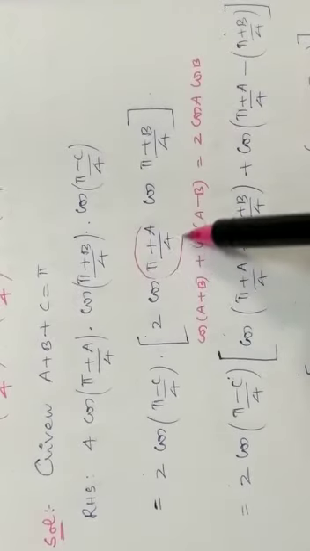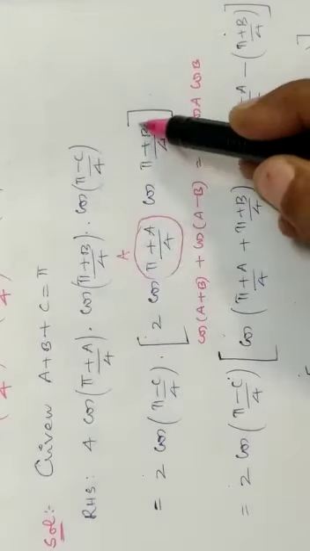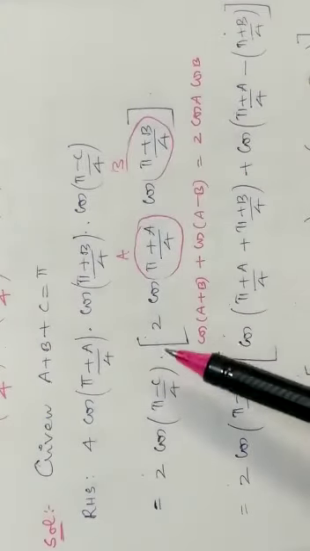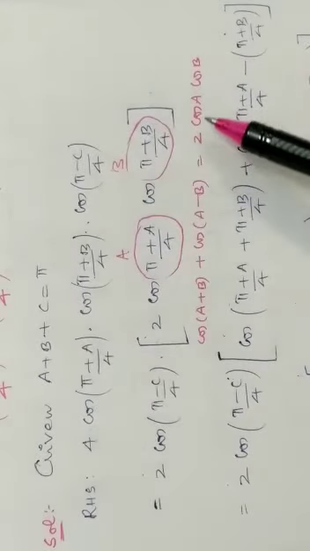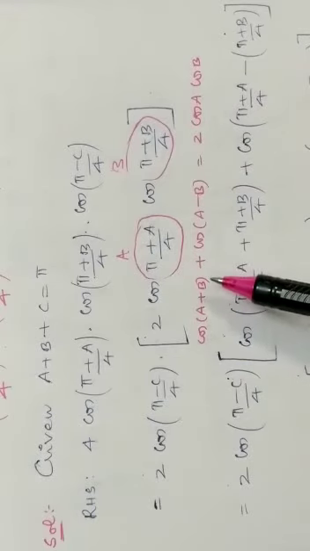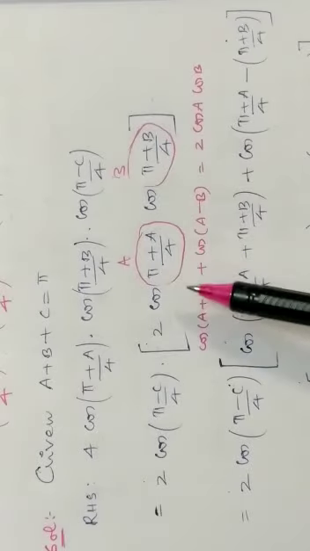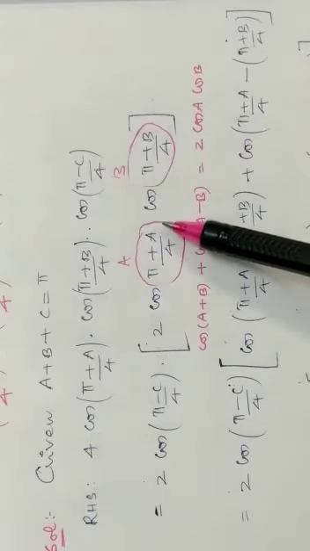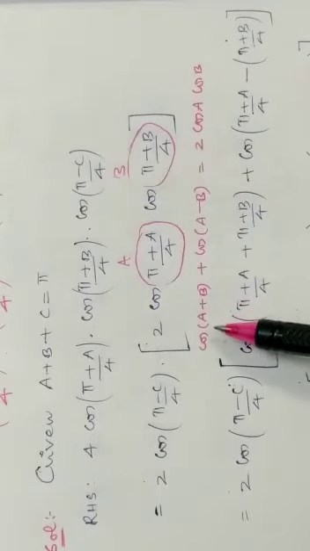This is in the form of, take this as A, this as B, then you can see 2 cos A cos B. The formula for 2 cos A cos B is cos(A + B) + cos(A - B). You can see the formula here. So we have to use this formula.